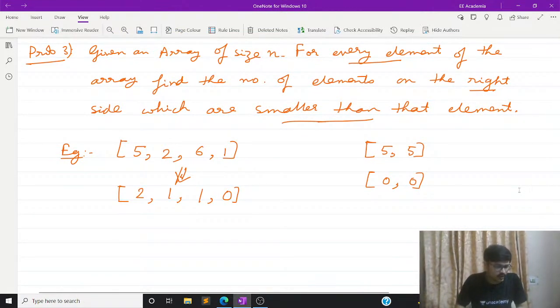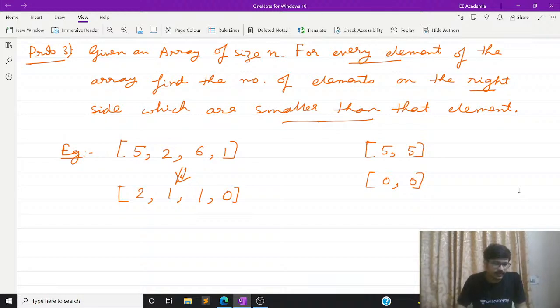Okay, write anything in chat, your approach, how you can solve this. Try to interact, guys. I will just solve this problem, no issues, but I would like you to think about it.